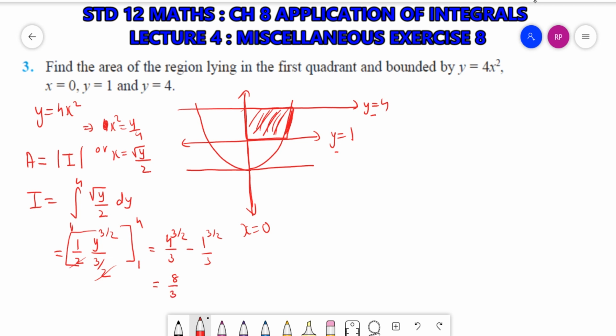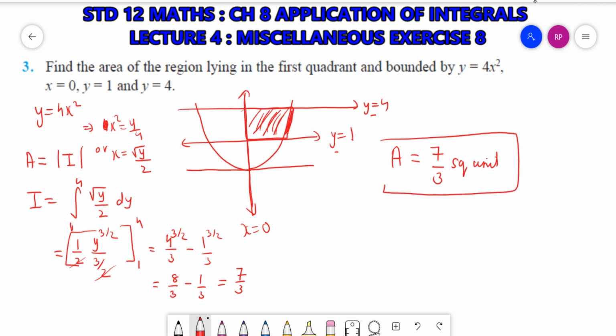So 8 by 3 minus 1 by 3 will be equal to 7 by 3. So the area is equal to modulus of 7 by 3, that is 7 by 3 square unit.